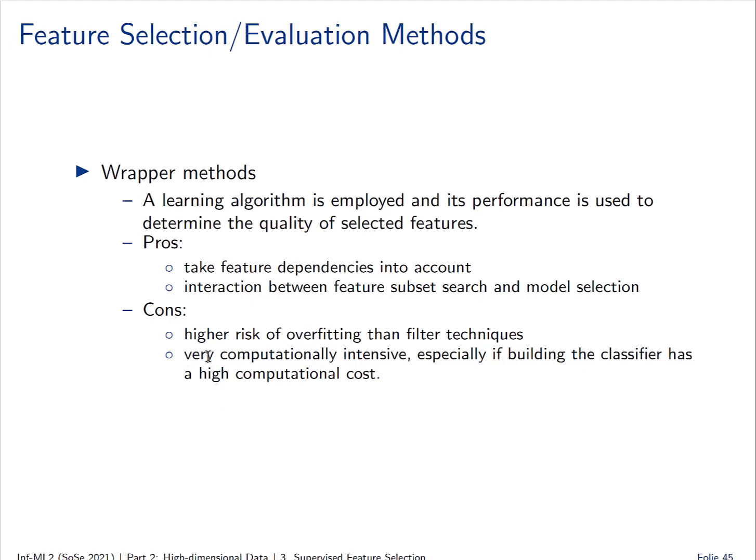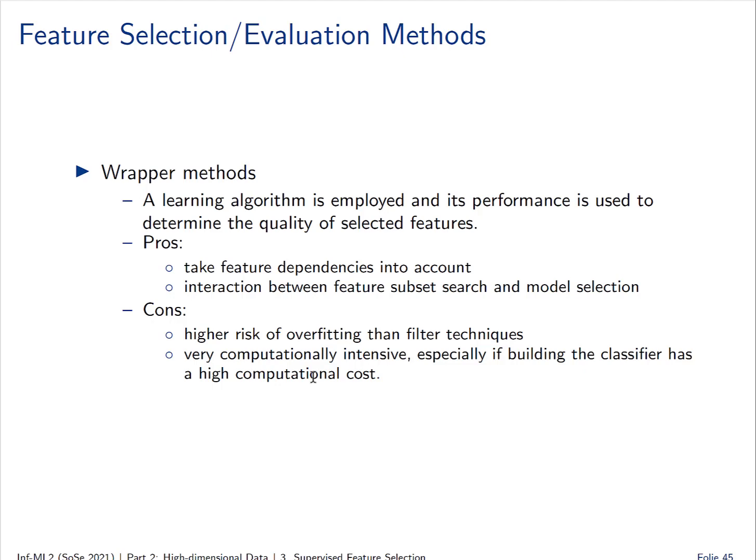And of course, it's computationally more intensive, typically very intensive, because we have to build the classifier for all the candidates in order to find out which of the candidates is the best. Especially if building the classifier comes with a high computational cost. Think about neural networks.